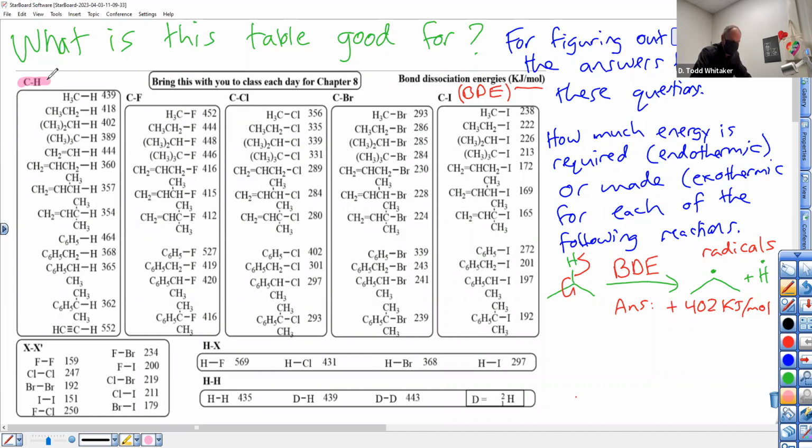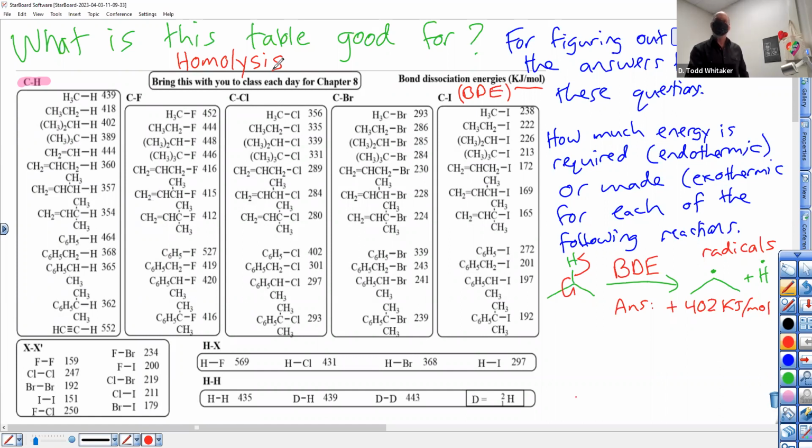Okay? Well, bond dissociation energy is the amount of energy it takes to pop a bond in half. Okay? It's called lysis. This is homolysis. What does that mean? When I cut the bond, did the electrons go unevenly towards the two different atoms, or did it split exactly halfway? Split halfway evenly.